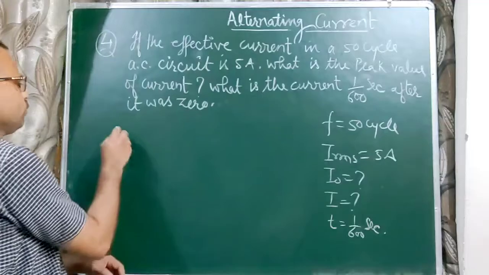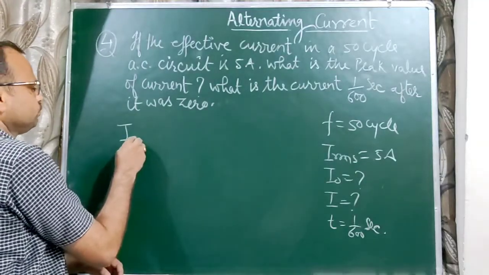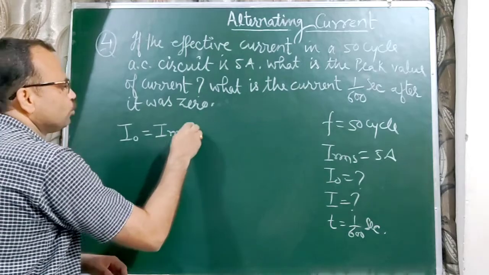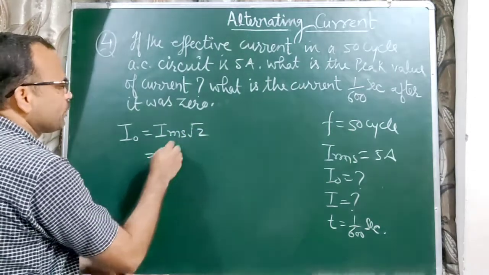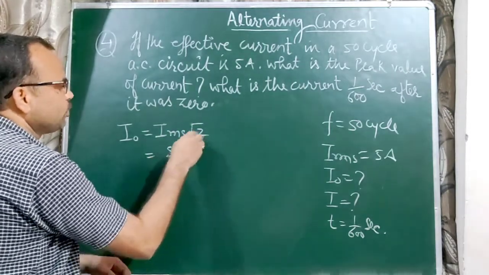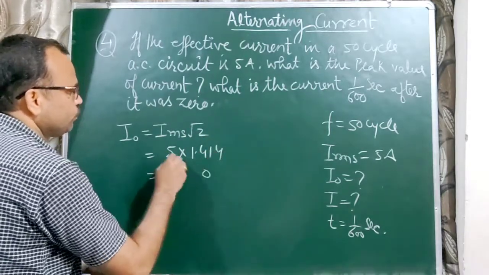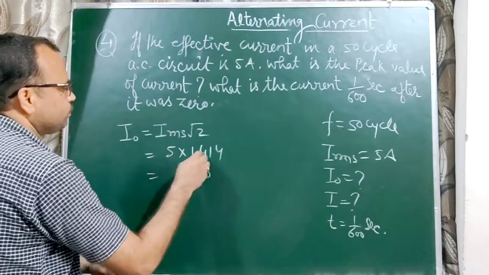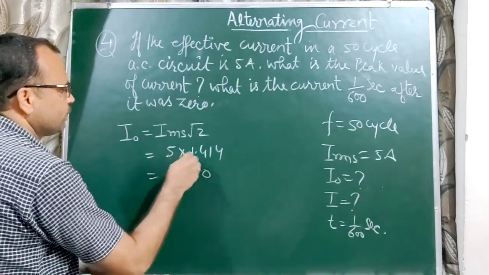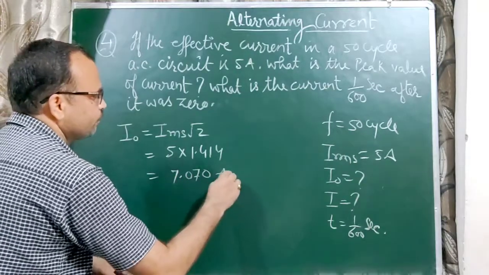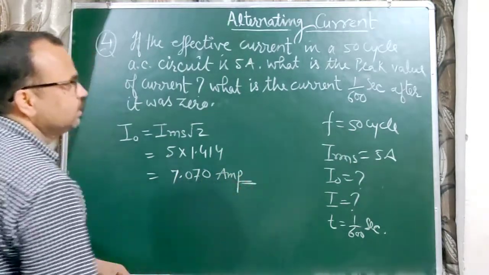So now write the formula of peak current I naught equal to IRMS into root 2. So value of IRMS is 5 and value of root 2 is 1.414, means 7.07 ampere, right?